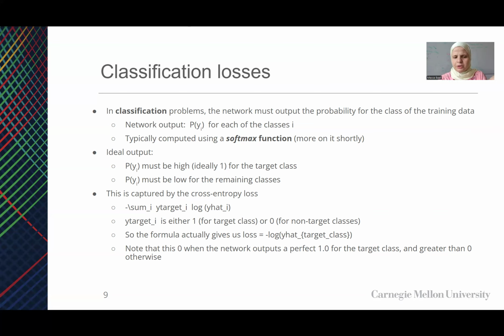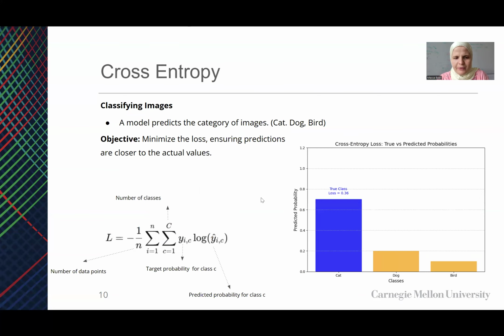You should know that this is 0 when the network outputs a perfect 1 for the target class, and greater than 0 otherwise. Let me explain the formula here. For example, for classifying an image, imagine you need a model that predicts the category of images, let's say cat, dog, or bird. This is the formula: 1 over n is the number of data points, and c is the number of classes.